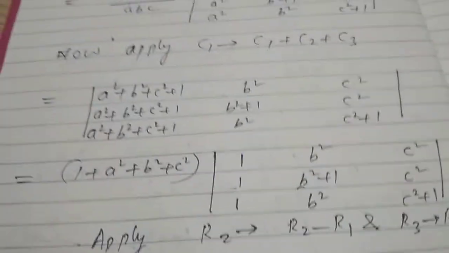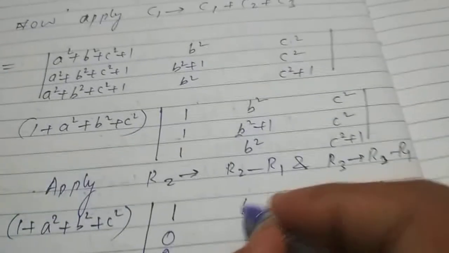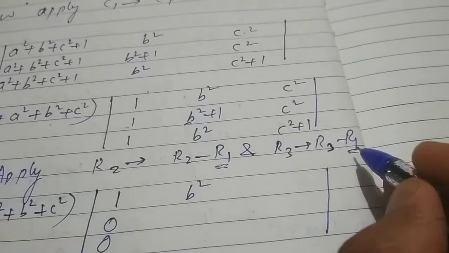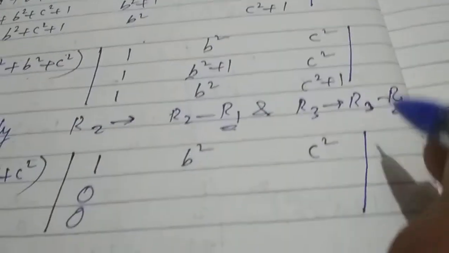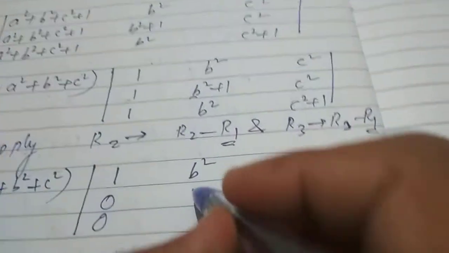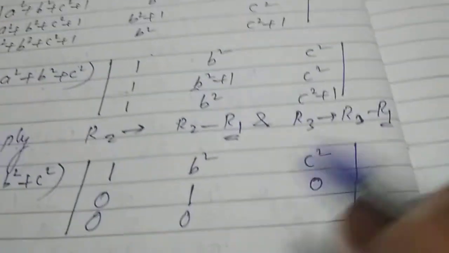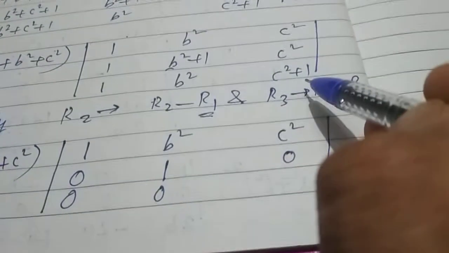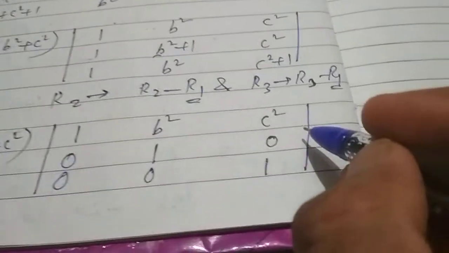So what is the required determinant? It is 1, 0, 0; 1, minus 1, 0; 1, minus 1, 0 as the first row is being taken as a reference row. So let us not disturb the first row, the reference row. The second row elements: 1 minus 1 is 0, b square plus 1 minus b square will be 1 only, c square minus c square will be 0. We are subtracting the first row from the third row. b square minus b square is 0, c square plus 1 minus c square, again it will be 1.